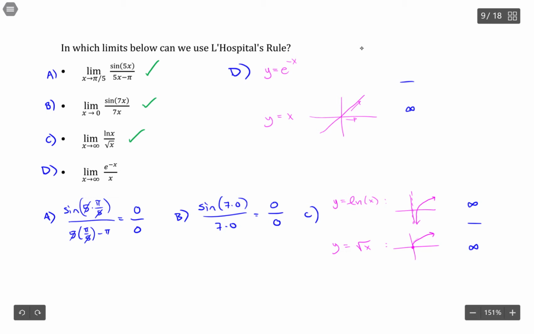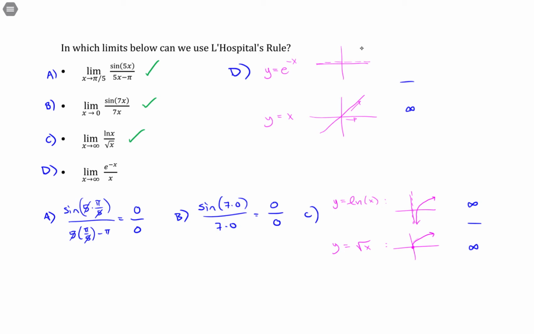The numerator, I have e to the negative x. You might not know how this flips, but you do have a calculator that can show you the graph. What you should know at least is that exponential functions have an asymptote at y equals 0 in particular.